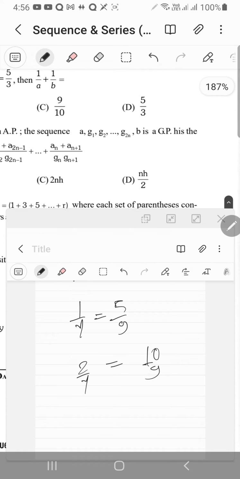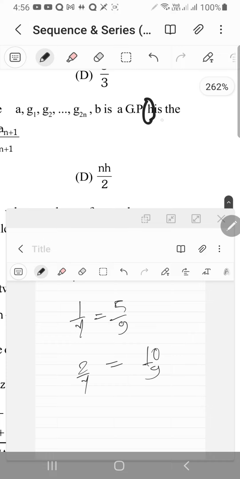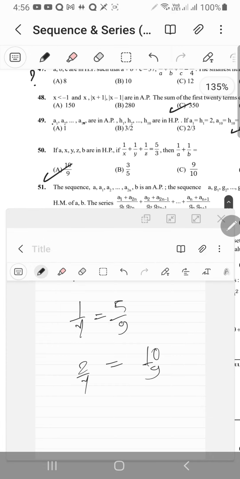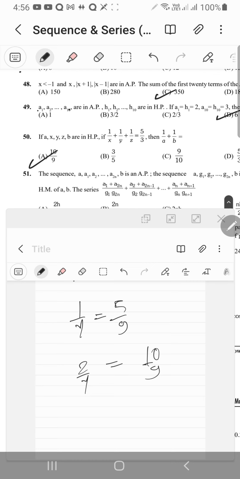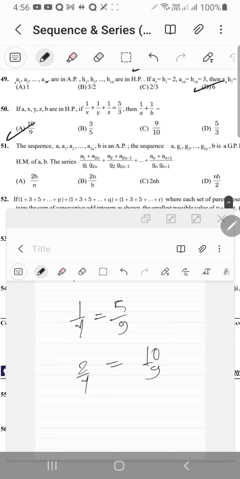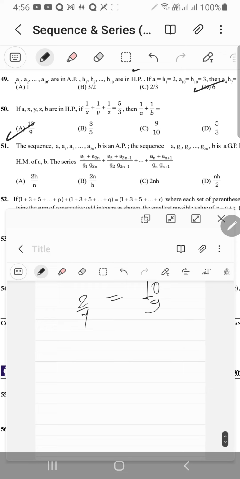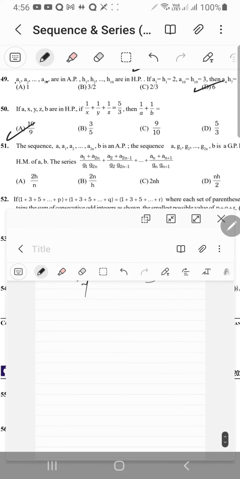Okay, cool. This series is a1 plus a2n and so on. So you know it's just a plus b. All of these are just a plus b. And similarly, all of these are just ab.